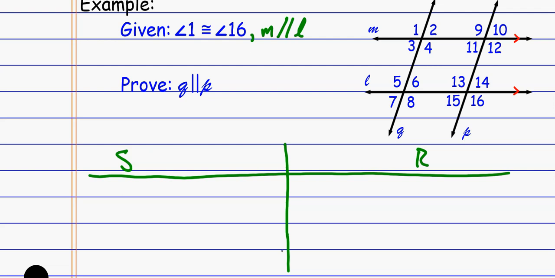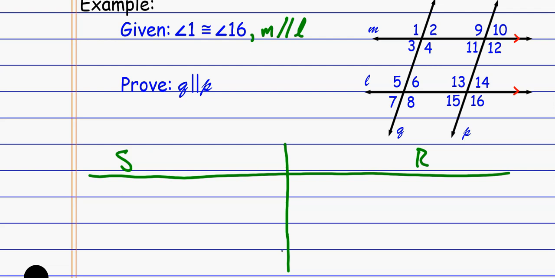And if I can show some of those angles are congruent or show certain angles are supplementary, then I could say the lines are parallel. Same thing, I could look at groups like 5, 6, 7, 8 and group 13, 14, 15, 16. All right. And if I can show certain angles from those two groups are congruent or certain angles from those two groups are supplementary, then I'll be able to say that Q and P are parallel.